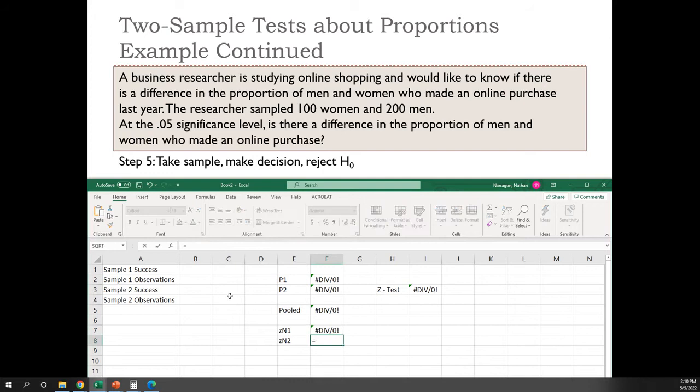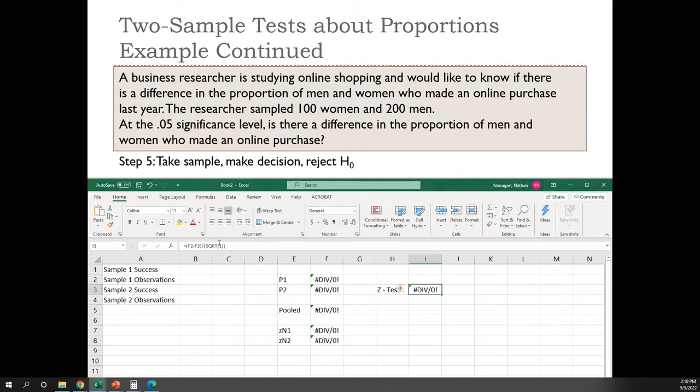This is going to equal basically the same thing, so I'm just going to copy this, except we're going to put it as observation 2.